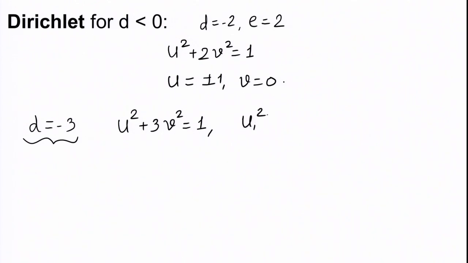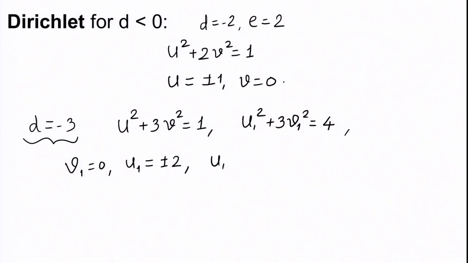So we are looking at solutions to U1 square plus 3V1 square equal to 4, and U1, V1 are now integers, and you can easily see that this has solutions. If V1 is 0, U1 has to be plus or minus 2, or you can have U1 equal to plus minus 1 and V1 also plus minus 1.